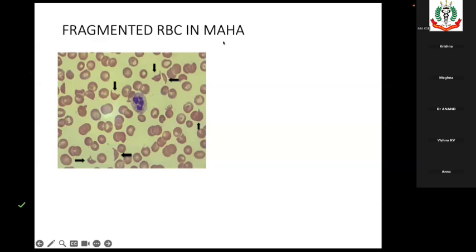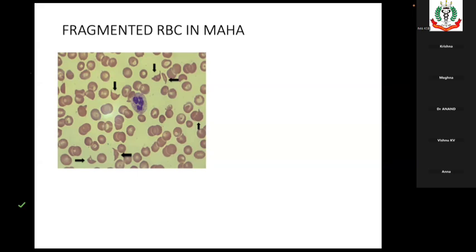So MAHA can also be asked. Because of the pathogenesis, this is always associated with thrombocytopenia also. DIC is also a question for you, usually a 4 marks question. So learn about MAHA, DIC.